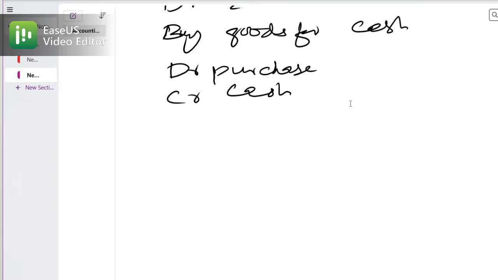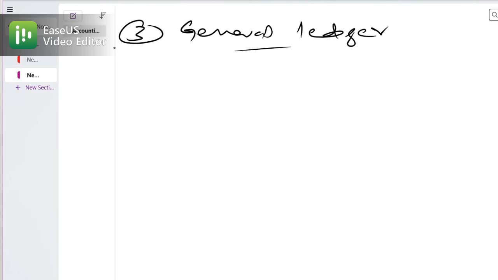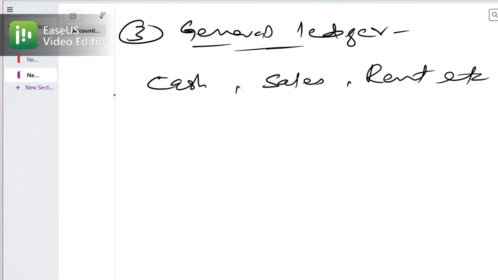Now after that, you will have the next step that we call the general ledger, and this is our topic for today's lecture. So after the journal, we move to the general ledger. Now the ledger is more organized. Instead of one big diary, it's divided into separate accounts, and that will be your cash, definitely your sales, your rent, and so on. Fine.